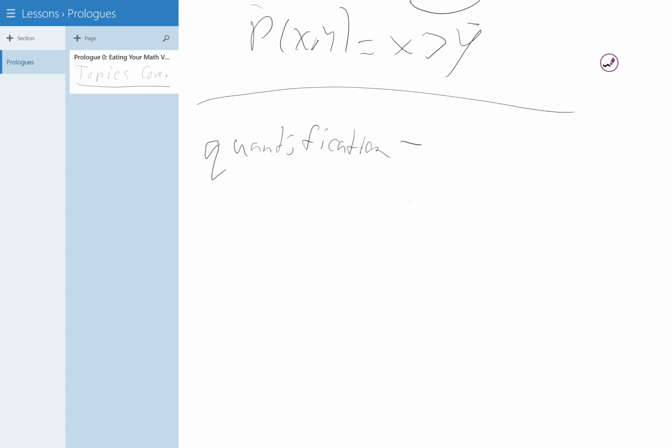Remember how I told you that a propositional function doesn't become a proposition with a certain truth value until you assign values to it, right? That's what quantification is: to create a proposition from a propositional function. Quantification means to create a proposition from a propositional function.